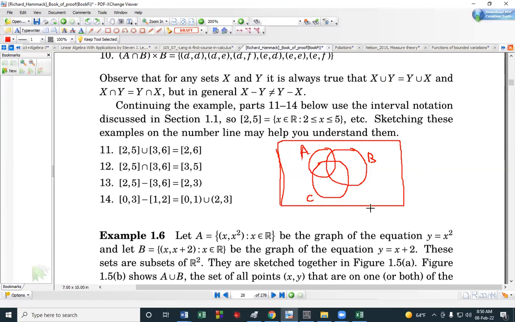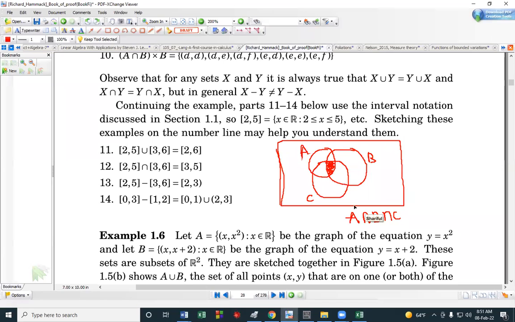What is A intersection B intersection C in this diagram? Isn't it this common part? This part is common to these three sets.